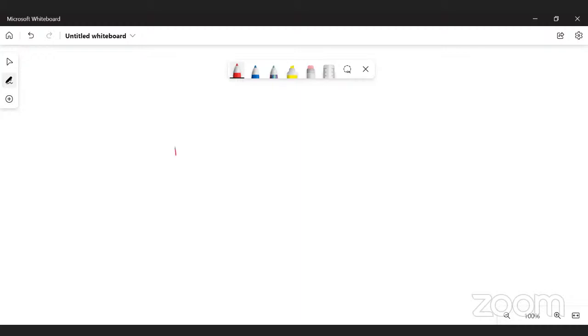Okay, let me give you an example. Suppose one person is at this point, and there are three paths: path A, path B, and path C, right? Let's make it a bit imaginary.